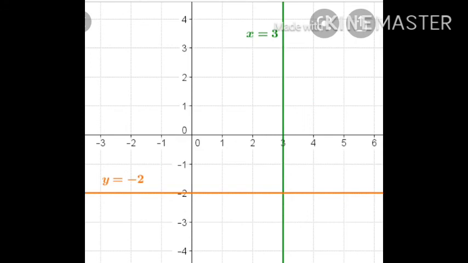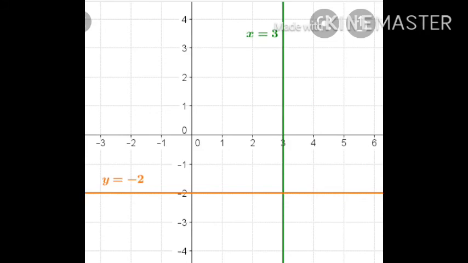If x is not equal to y, then (x, y) is not equal to (y, x). If x is equal to y, then (x, y) is equal to (y, x). The coordinates are an ordered pair, meaning the ordered pair (x, y) is not equal to the ordered pair (y, x) if x is not equal to y.